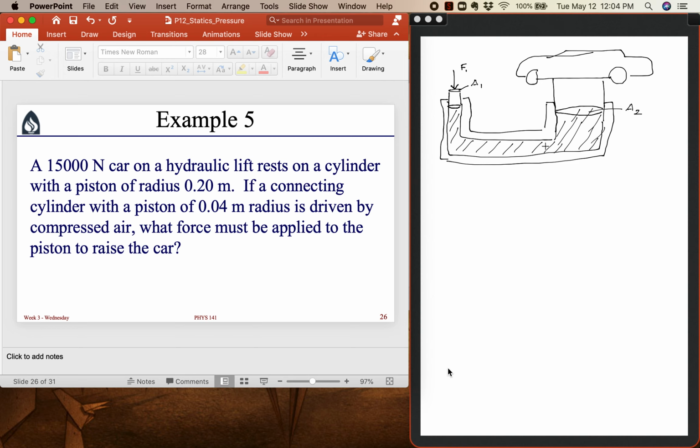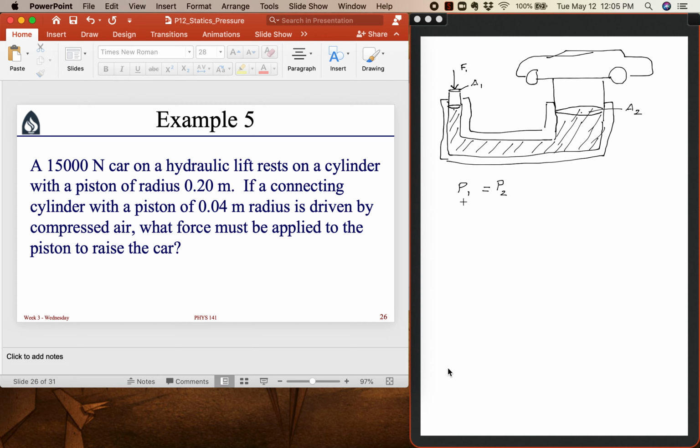And the other thing we know is that these cylinders are at the same height. And since they're at the same height and they're touching the same fluid, they're at the same pressure. So we can say that the pressure at the bottom of cylinder 1 is equal to the pressure at the bottom of cylinder 2, since both of these cylinders are at the same height and they are touching the same fluid.